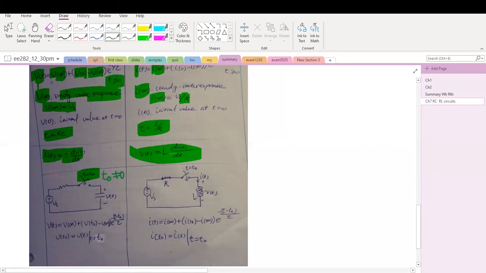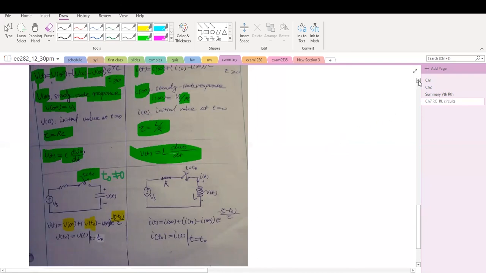The voltage across the capacitor is now v of t equals V infinity plus (V of t naught, the initial voltage at t equals t naught, minus V infinity, the steady response) times e to the power minus (t minus t naught) divided by tau. So the time has been shifted.